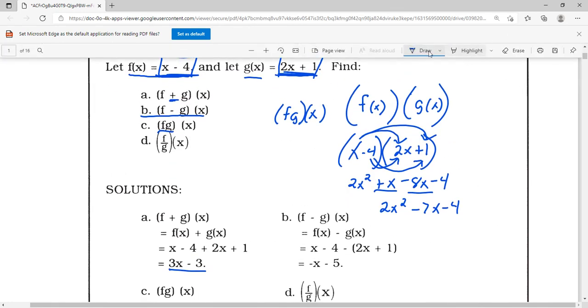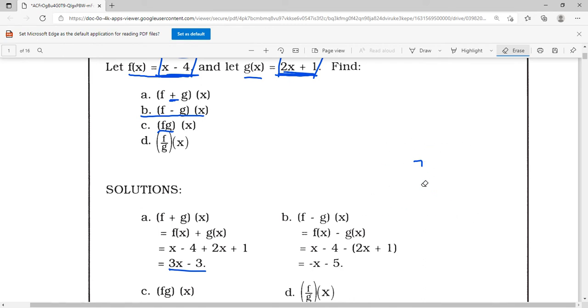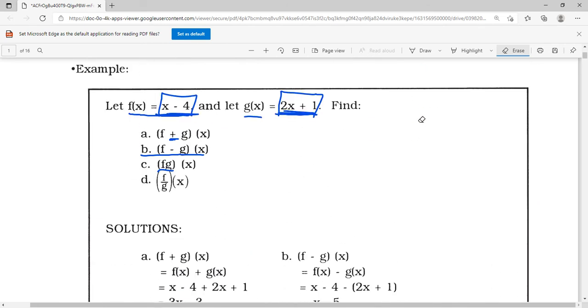Alright, and then there's one more that we're going to divide. There's not a whole lot to do on that one. So this one has f over g of x, and that just means f of x over g of x.